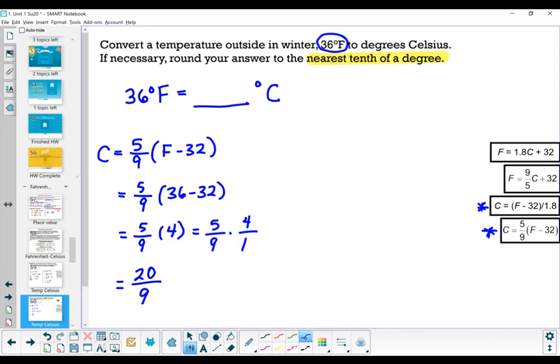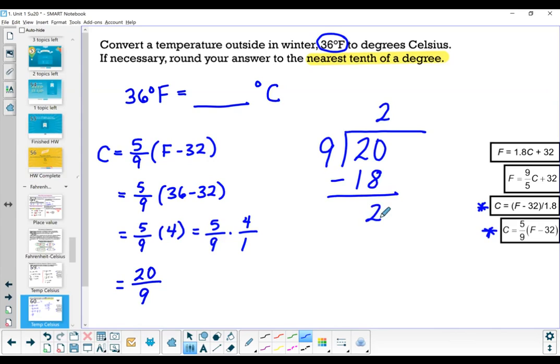So we're actually going to do the division, 20 divided by 9. 20 divided by 9 goes in twice. So I'm going to subtract 18 and I get 2.